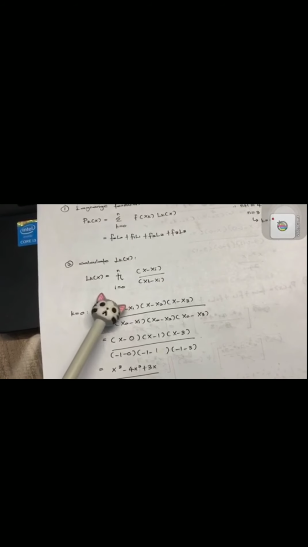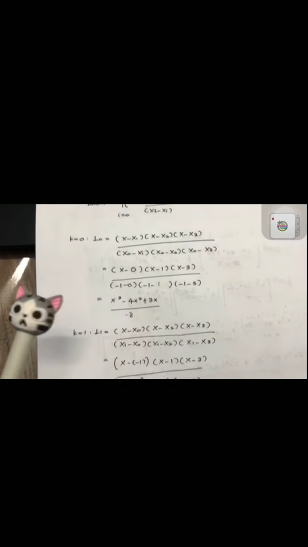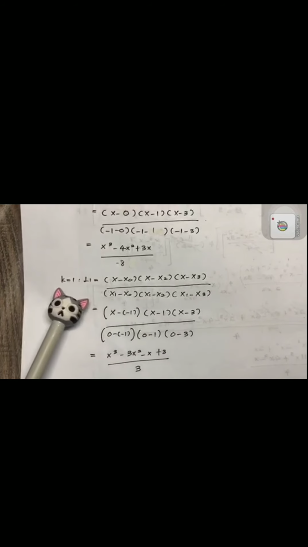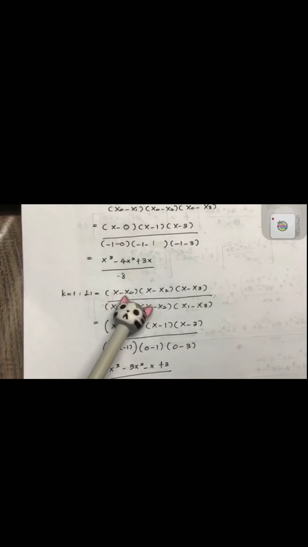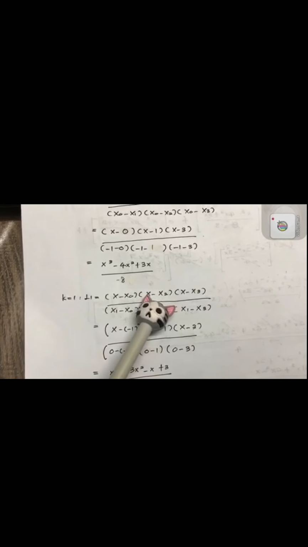From the formula, we can see that this side is the same for upper and lower: x2, x2, x3, x3. So we substitute the value into this formula. We got this function.